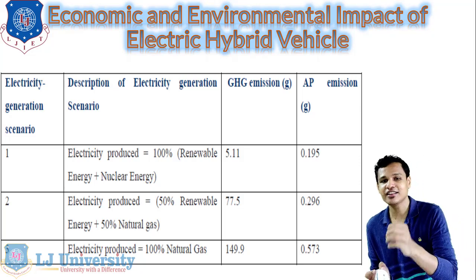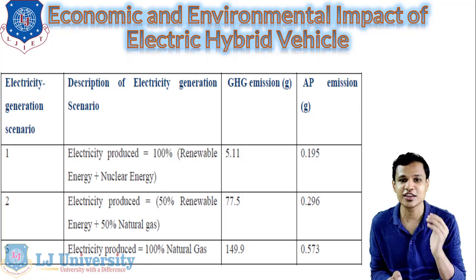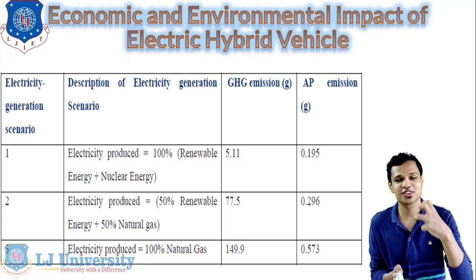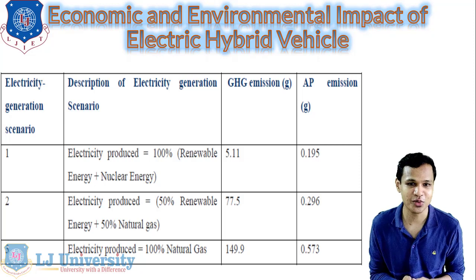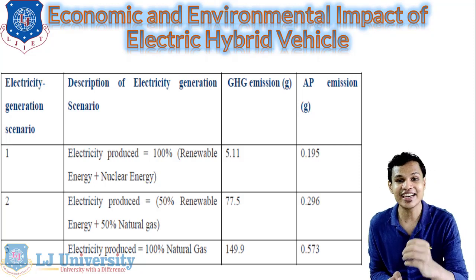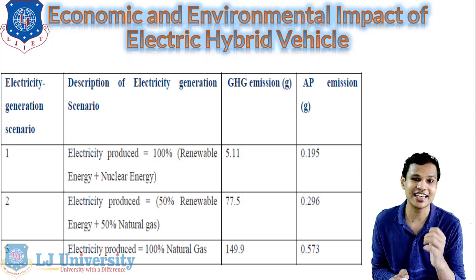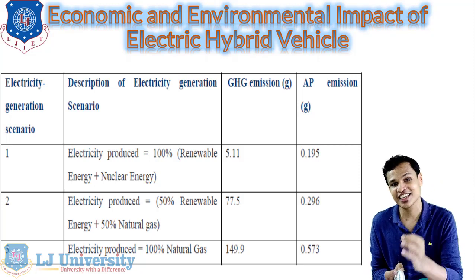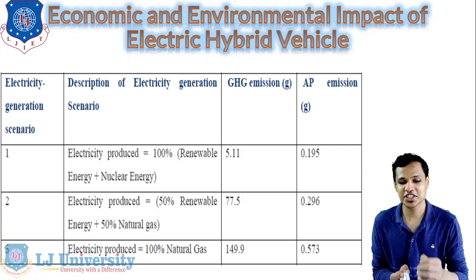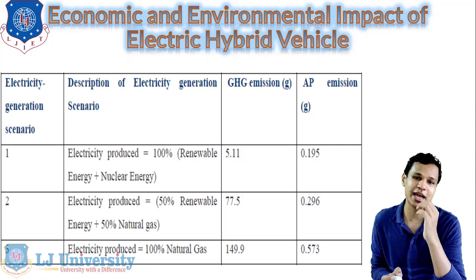And if the electricity is produced 100% from natural gas, then the emissions jump to almost 150, almost 20 times that from renewable energy sources, and the AP emissions are almost 5 times.